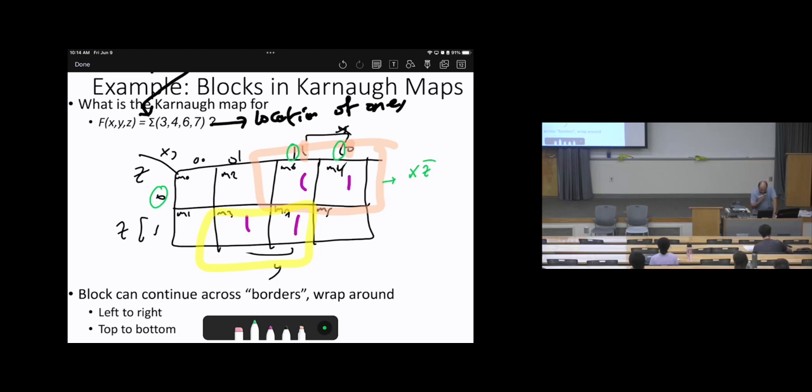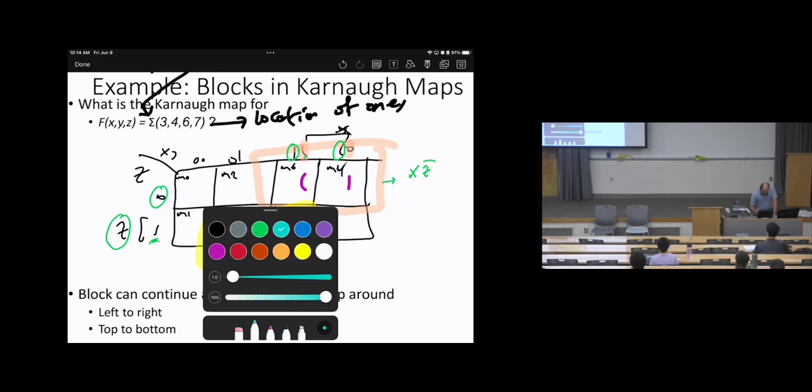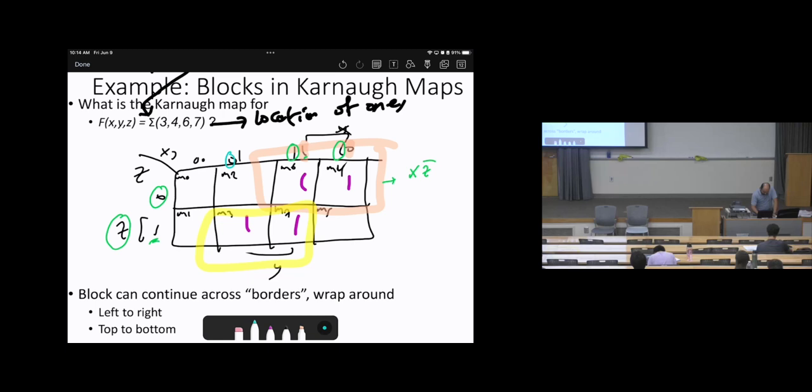Let's look at the yellow loop here. In the yellow loop, variable z is 1, and we have a missing variable, which is when we have 1 and 0 for x. Because, look at x, x here is 0, x here is 1, therefore x will be the missing variable.